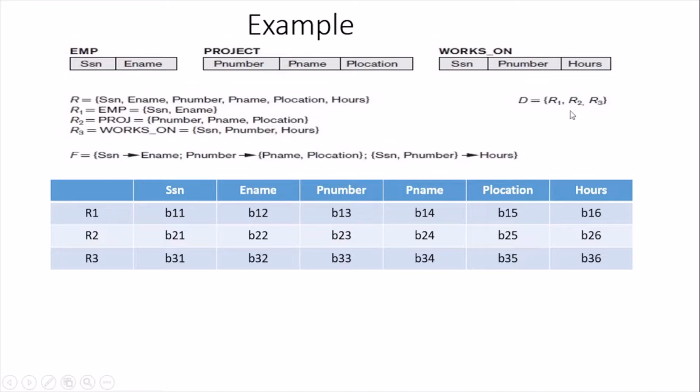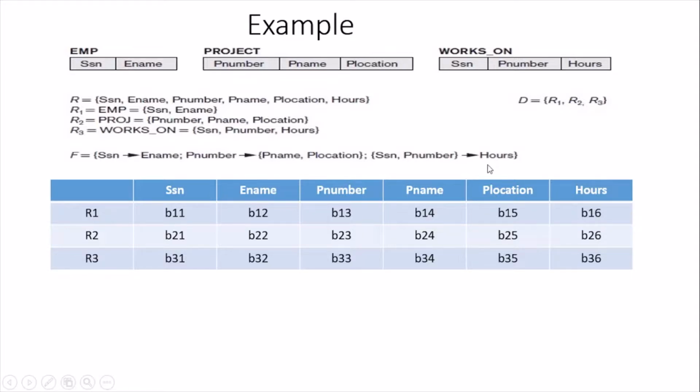So D is equal to the set R1, R2, R3. R is the same, and R1 has attributes SSN, comma E name, R2 has attributes P number, P name, P location, and R3 has SSN, P number, Hours. And you have the same functional dependencies: SSN to E name, P number to P name, comma P location, and SSN, comma P number to Hours.